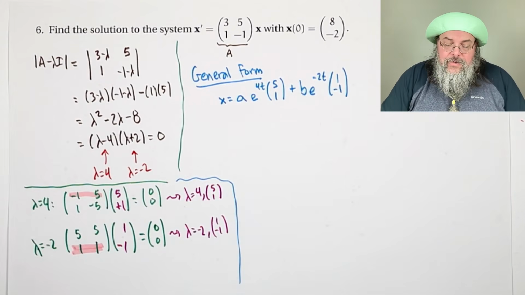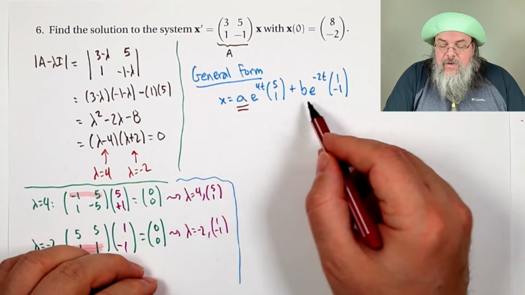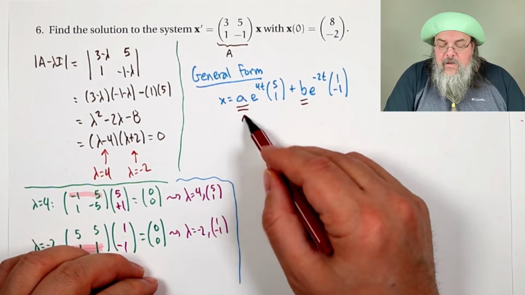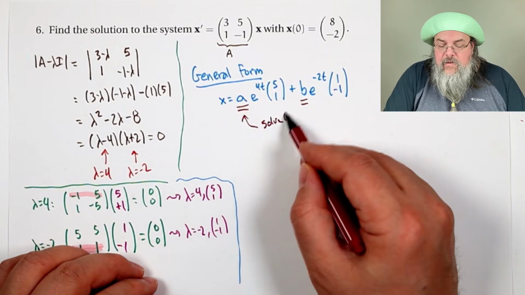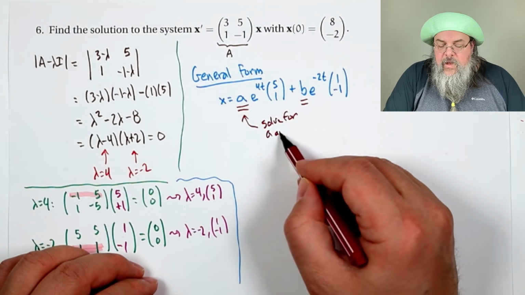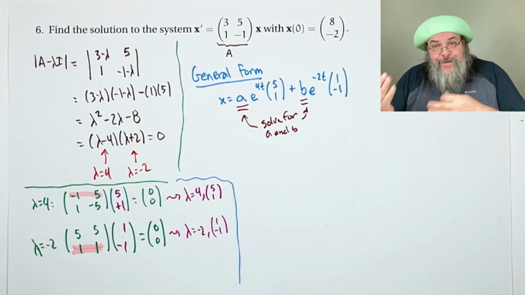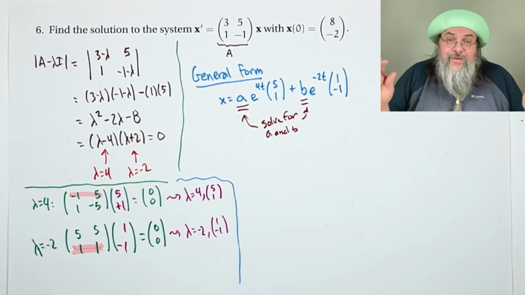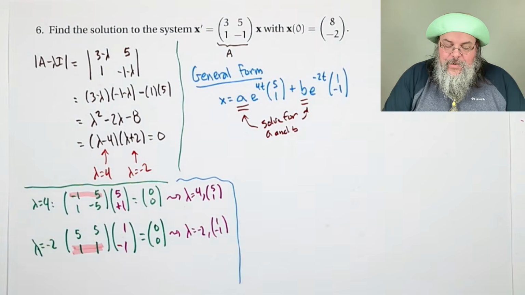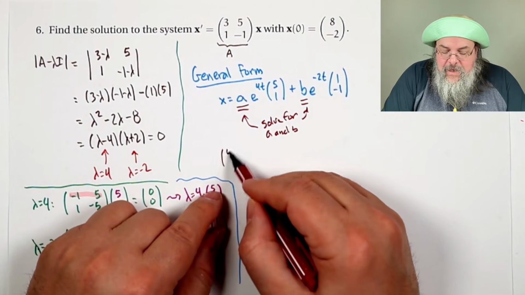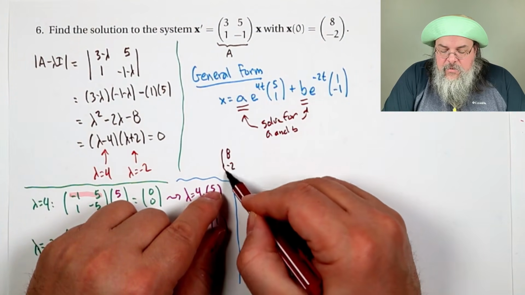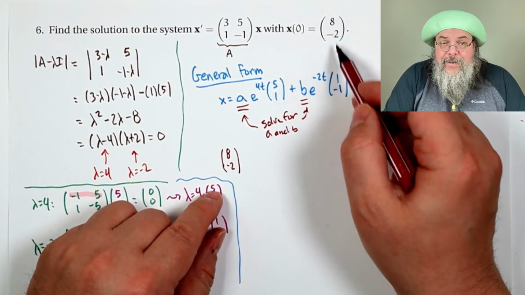Well, our new goal, we need to solve for a and b. So that's our next step. So how do we do that? Here's where our initial conditions come in, because we haven't used the initial conditions at all yet. We have that (8, -2), so here's our vector.